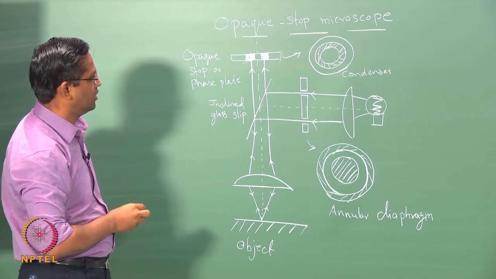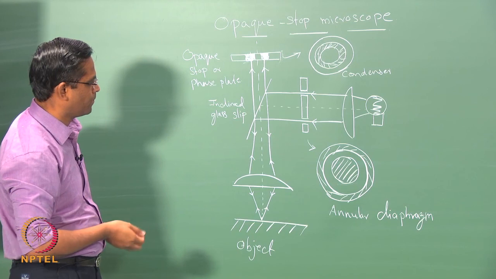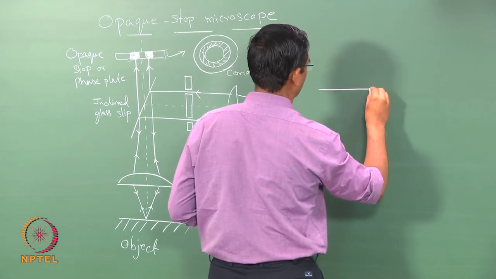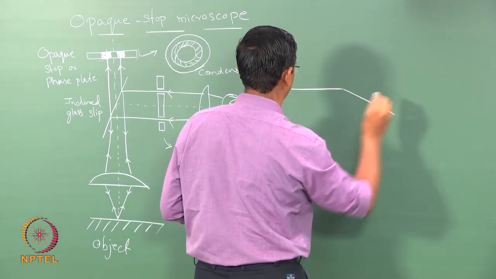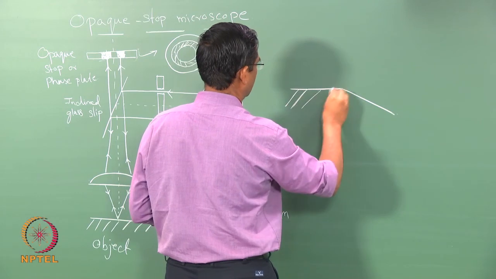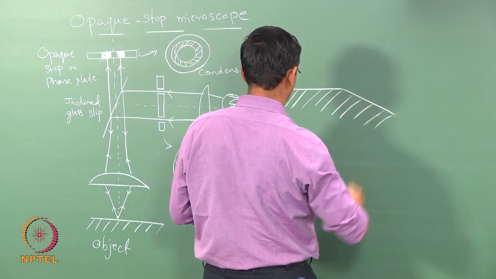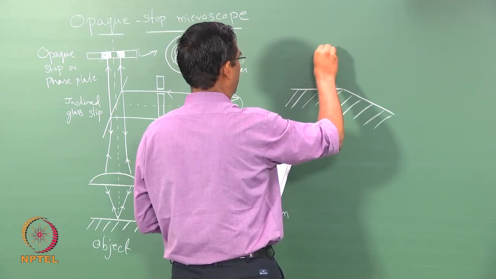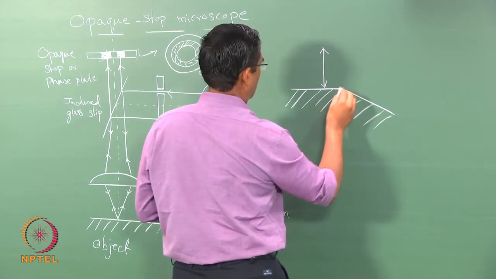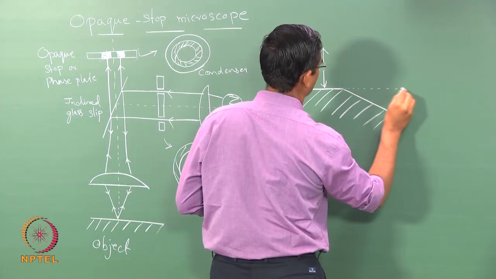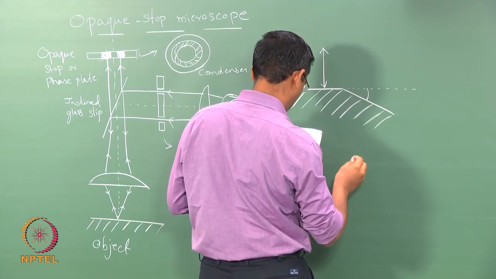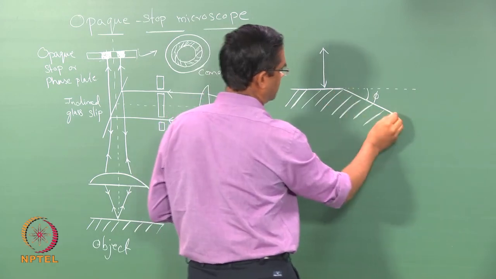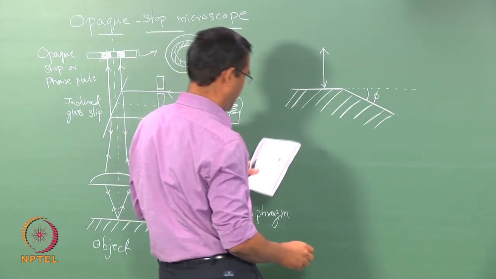So, the advantage is when you have an oblique surface like this. Suppose this is the object surface, which has some unevenness, and this is an inclined face at an angle phi.